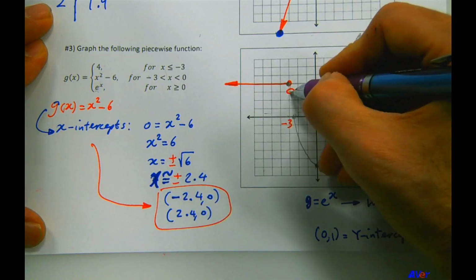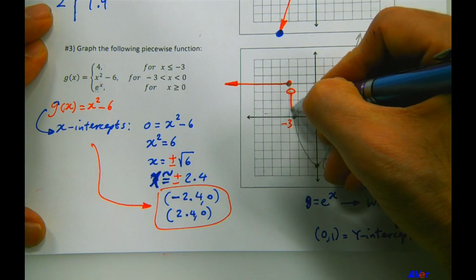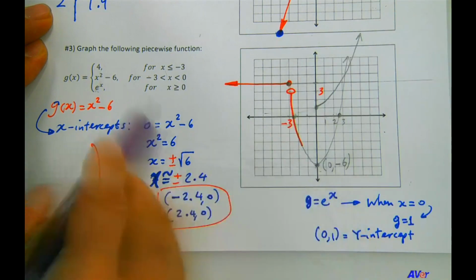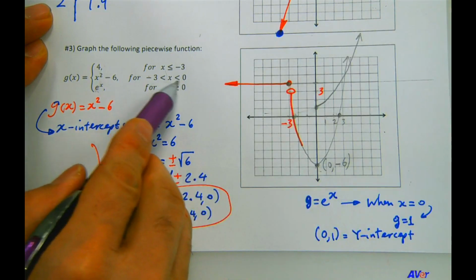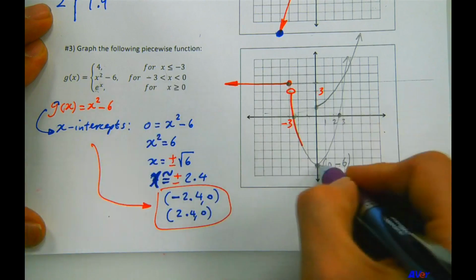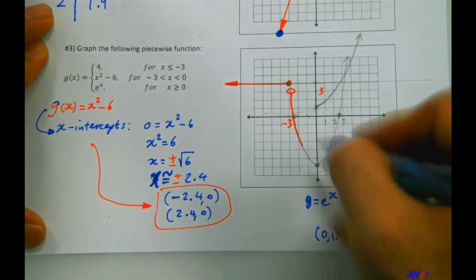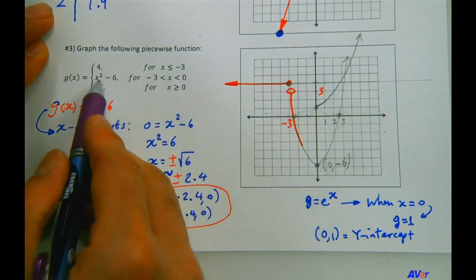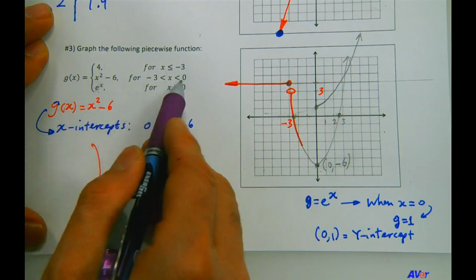And then after that, we have the quadratic function that is taking shape, all the way till x hits 0, which is right there. And I have to have another hollow circle there because with the quadratic function, x cannot be 0.